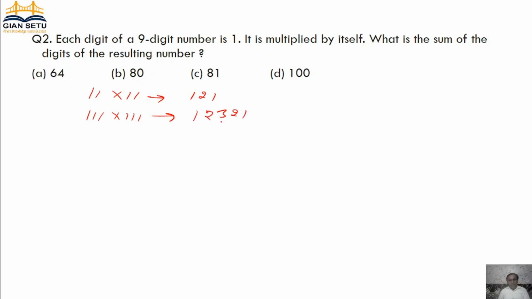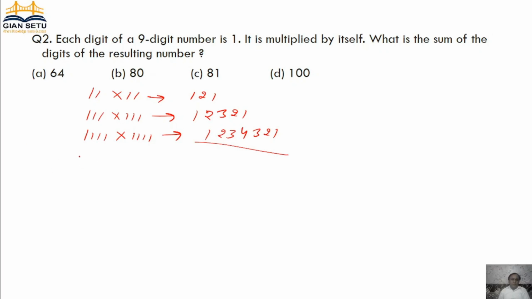So this number is also following the same pattern. Now if we multiply a number consisting of 4 ones with itself, then again it will follow the same pattern and the product will be 1234321, right?